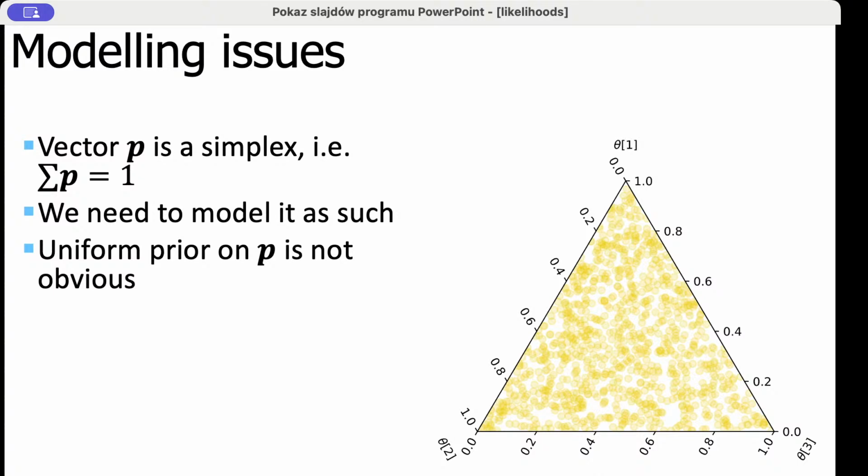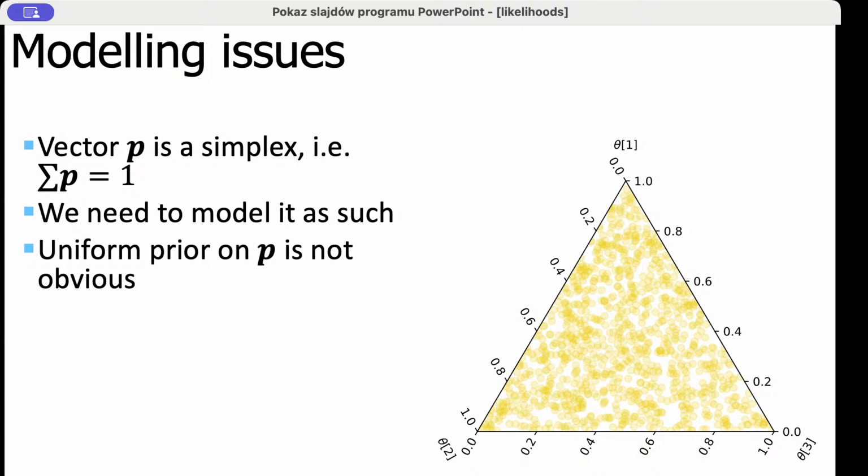And this vector is not a simple vector, or in other words, not a typical vector where we can assign any number. No, this vector is a simplex. A simplex is a vector that consists of positive values which sum up to 1.